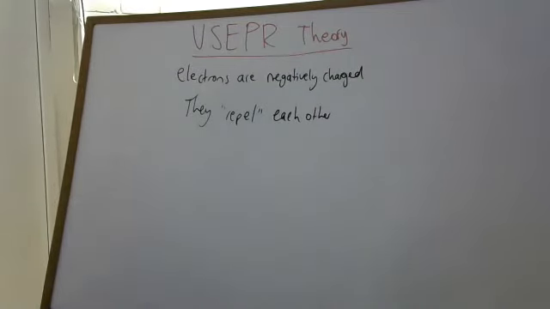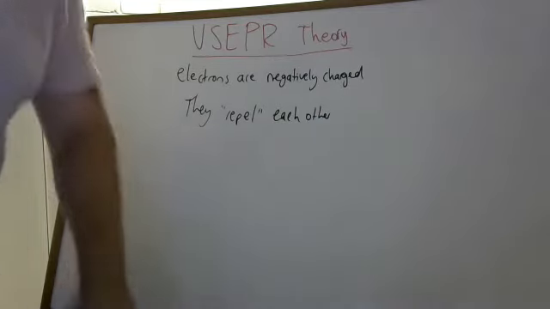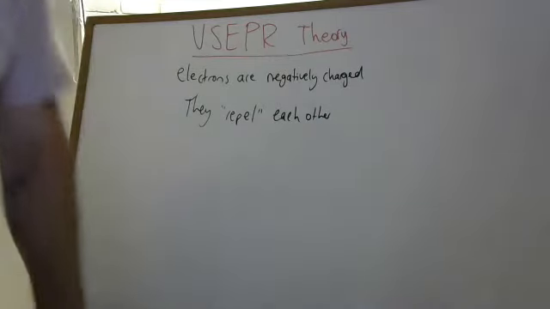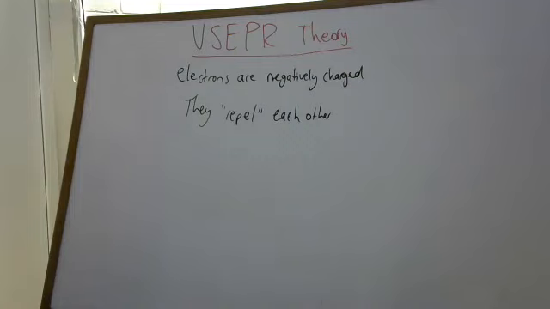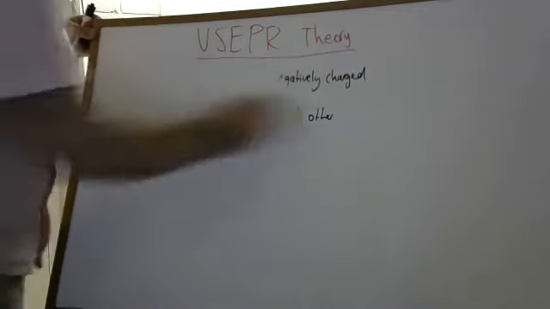When you have electron pairs involved in bonding, they will arrange themselves dependent on the number of bonds. If there are two pairs, they will arrange themselves in a linear fashion.